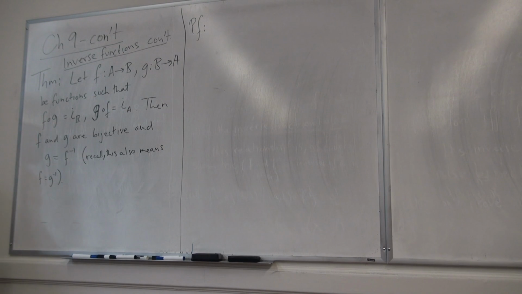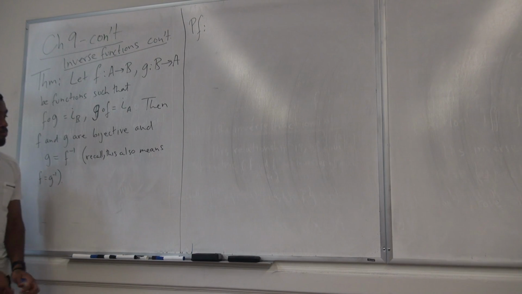This is one way that we can know that two functions are inverses of each other. When you take their composition in either direction, you end up with an identity function. And so we're actually going to prove this, knowing that when this happens, these two functions are bijective, and in fact, one is the inverse of the other one.